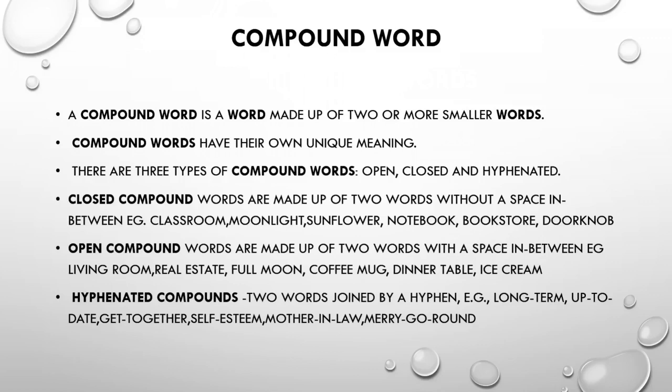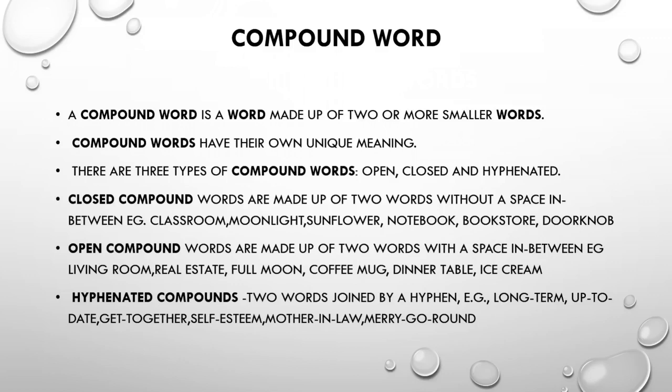One of the examples is classroom, where there is no space between. It's class and room. These two words are combined to form the word classroom. Then you have moonlight, which consists of the words moon and light. Sunflower is another word, a combination of sun and flower.